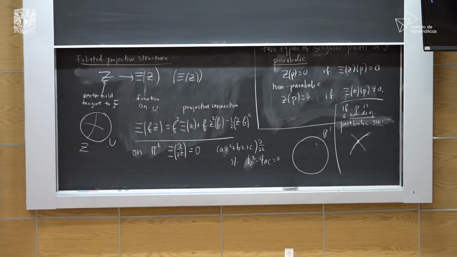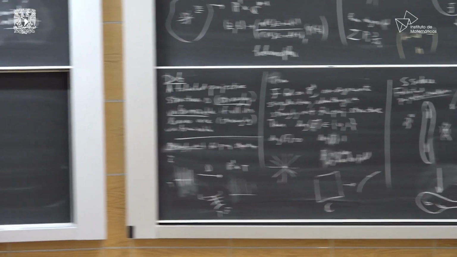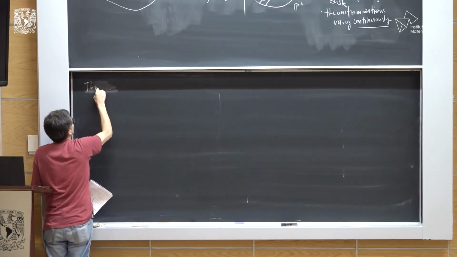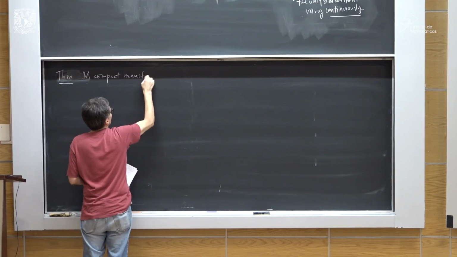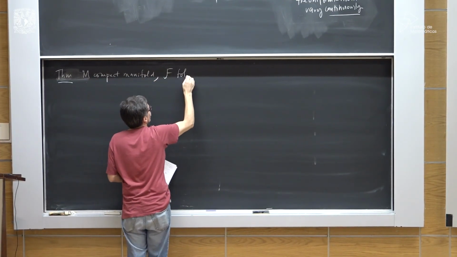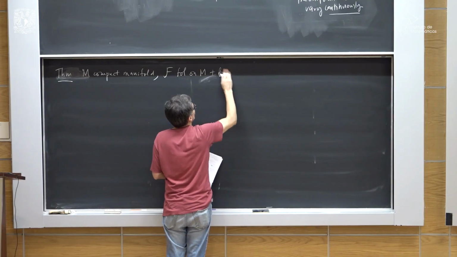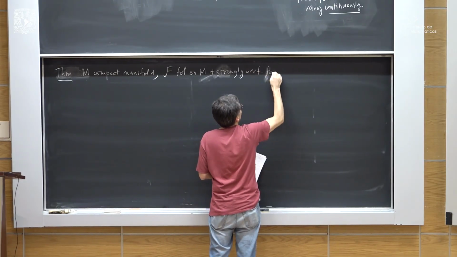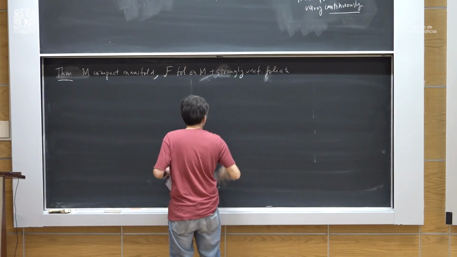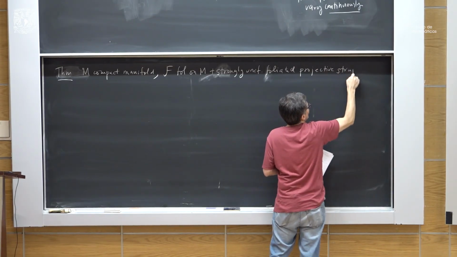I will leave that, so let me state two theorems. So M a compact manifold, F a foliation by curves on M. You have a strongly uniformizable foliated projective structure.